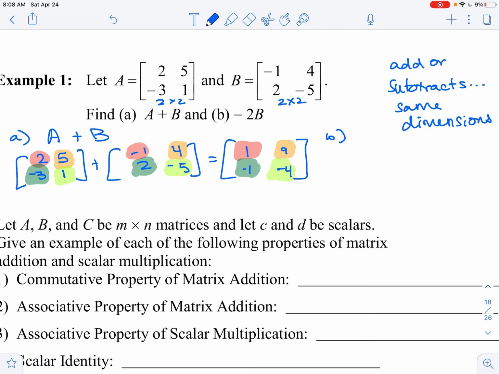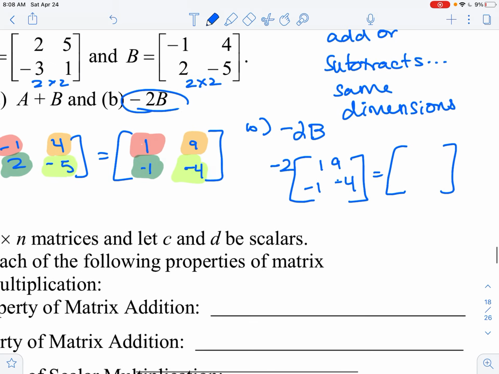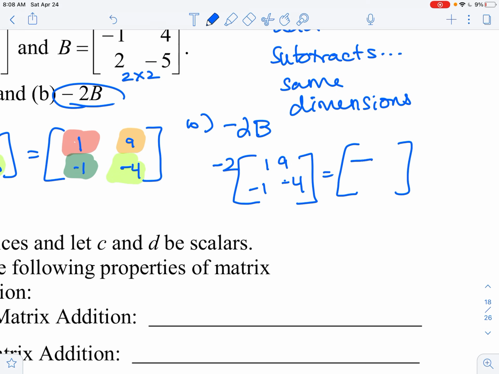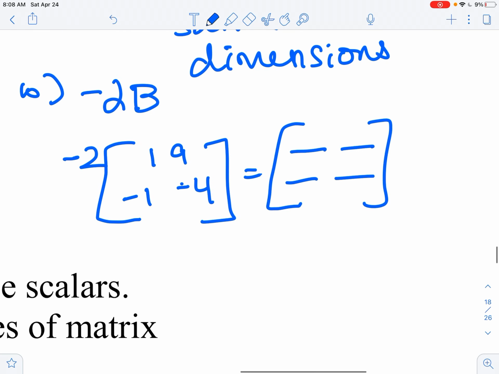And then if I wanted to do the operation of negative 2 times the matrix B, I'm literally going to say negative 2 times matrix B is 1, 9, negative 1, negative 4. You're going to get the same size matrix back. So remember, it's a 2 by 2. And we know here, well, we go negative 2 times 1 in the first spot.